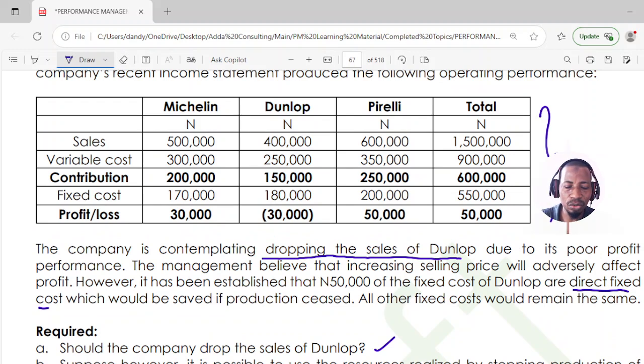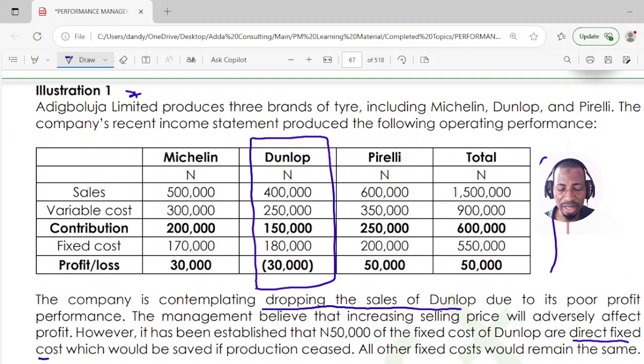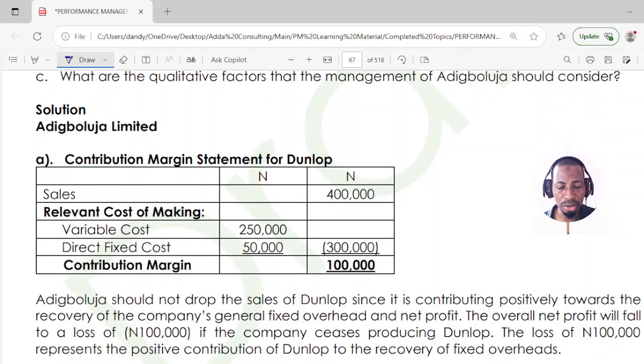You are less concerned with Michelin as well as Pirelli. Our focus is on the affected segment, which is the Dunlop. Therefore, you compare the sales value of Dunlop versus the relevant cost of making Dunlop, whether it will result in a positive or negative contribution to Adigbolija Limited. So let's have the solution.